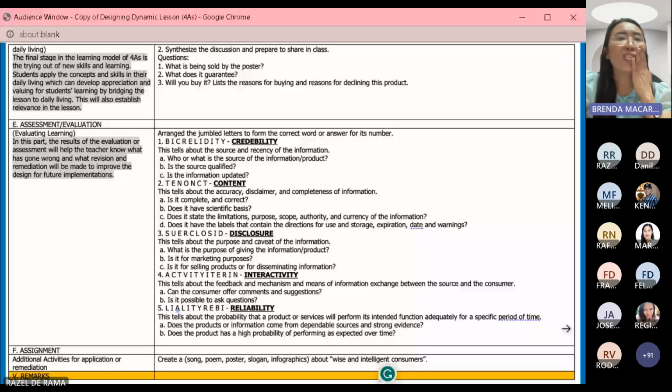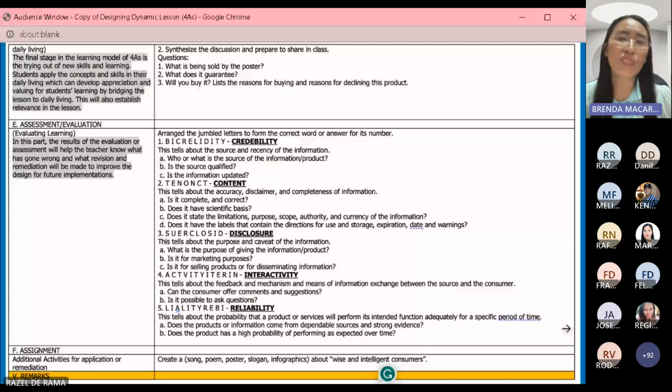Last part of the lesson is assessment or evaluation. This is very crucial, no, yung assessment. So evaluating learning. In this part, the result of the evaluation or assessment will help the teacher know what has gone wrong and what revision and remediation will be made to improve the design for future implementation.